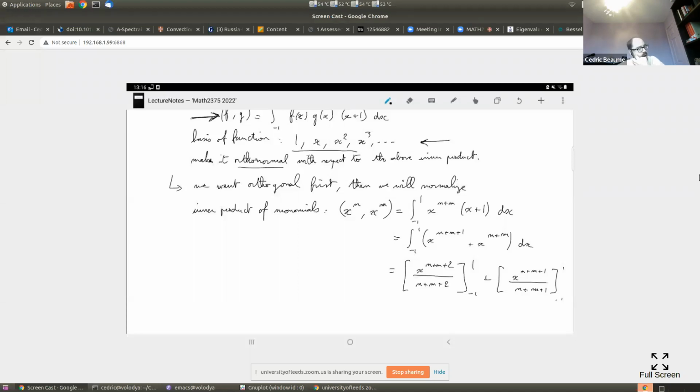If that power is odd, that remains -1, and so we get 1 minus -1, which is 1 plus 1. That's great. But if that power is even, we get 1 minus 1, which is 0, and nothing comes out of it. So it's important to identify whether n plus m plus 2 is odd or even, and whether n plus m plus 1 is odd or even. Obviously, if one is odd, then the other is even, and vice versa.